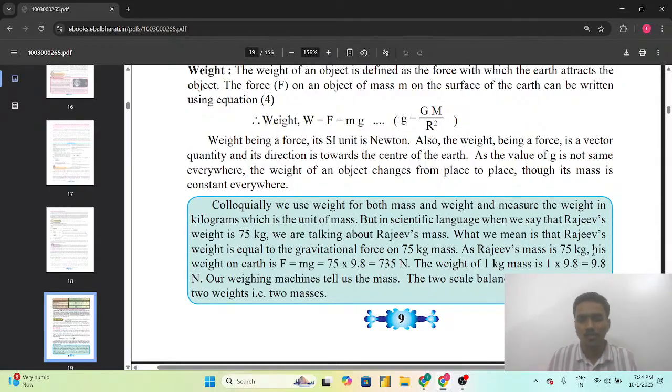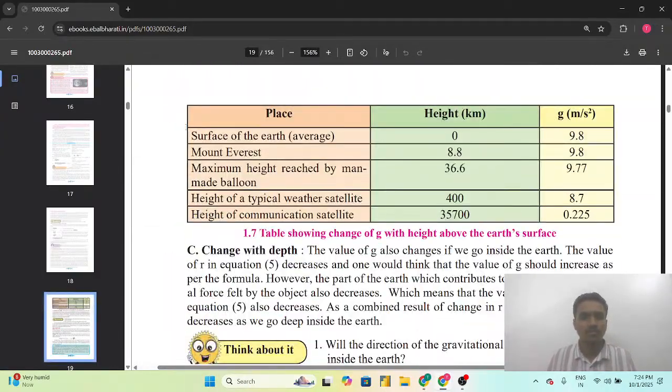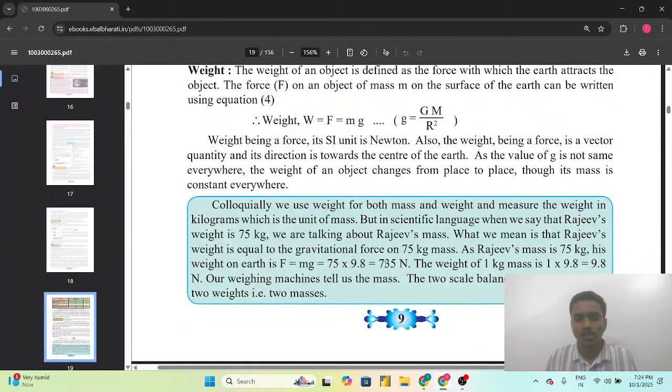As Raju's mass is 75 kg, his weight on the earth is F is equal to mg, that is 75 into 9.8, where 9.8 is the acceleration due to gravity on the surface of the earth. So the weight acting on Raju is 735 Newton. The weight of a 1 kg mass is 1 into 9.8, which is equal to 9.8 Newton.